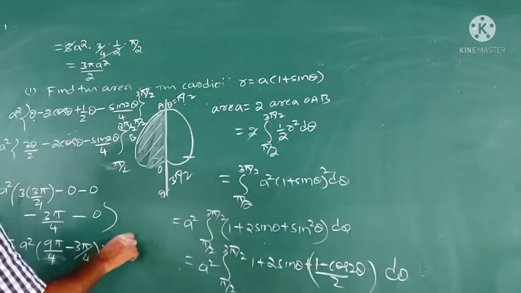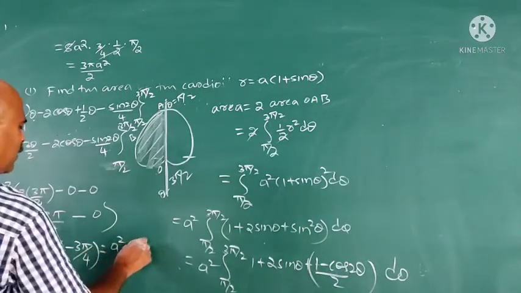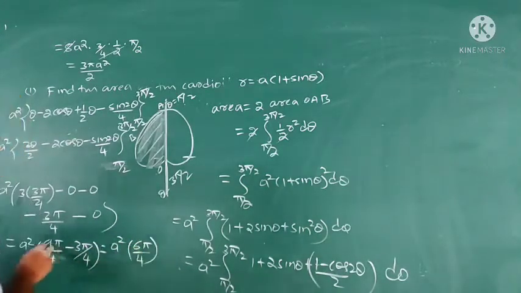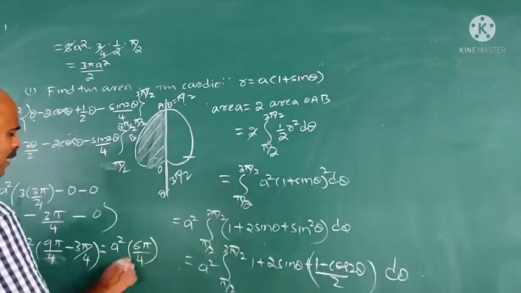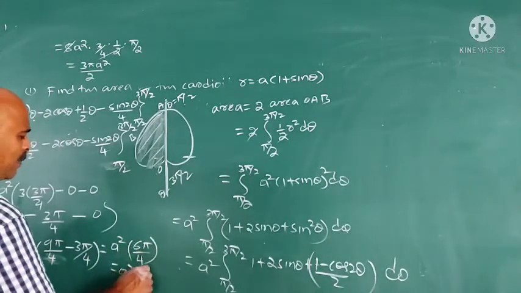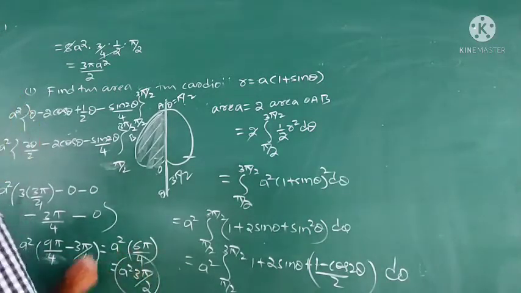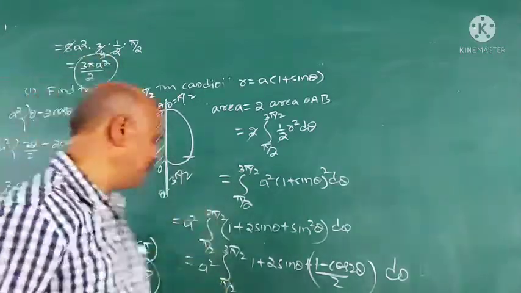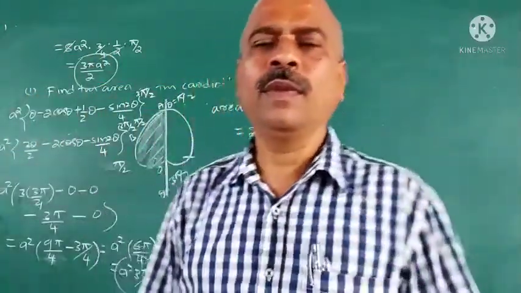So it is a² into (9 − 3)π/4, which is 6π/4, so 3πa²/2 is the area.